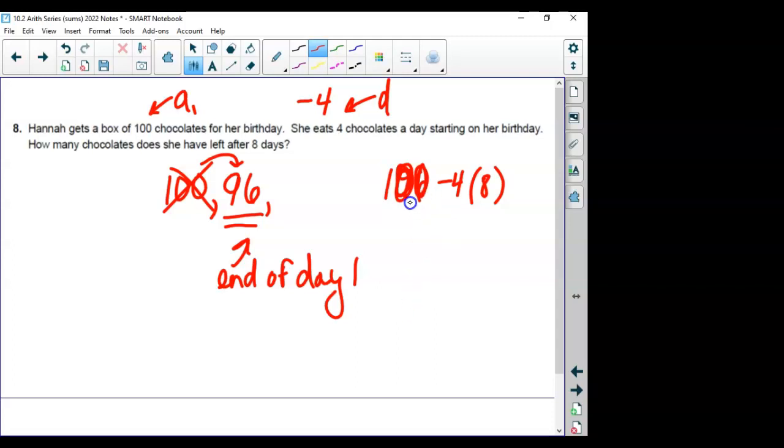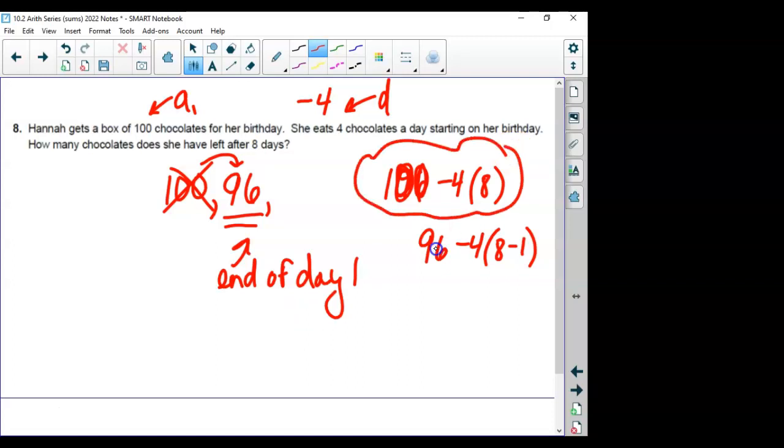Okay, I think it's 100 minus 4, 8 times, or 96 minus 4, 8 minus 1 times, or 7 times. Yeah, I confused myself. She ate them 8 days, so it's 4 times 8 differences from the original box. That would have made sense to me. So that was worded strangely, or Hofbauer's brain wasn't working right. What was the answer, guys? 68? Left. Okay.